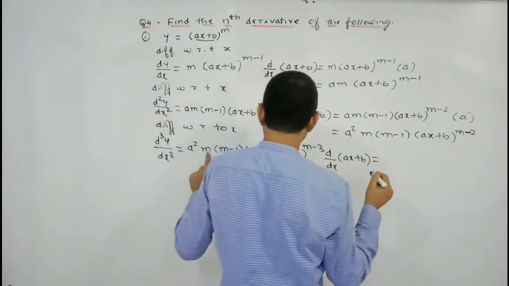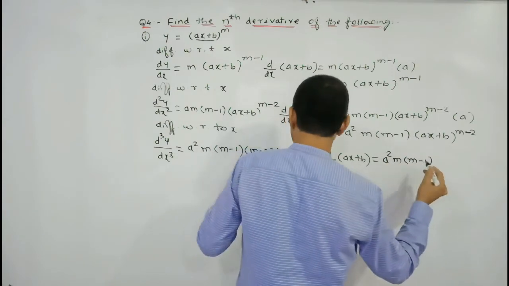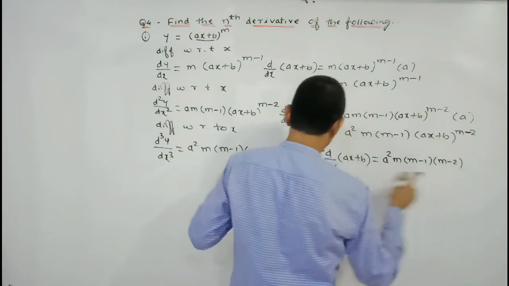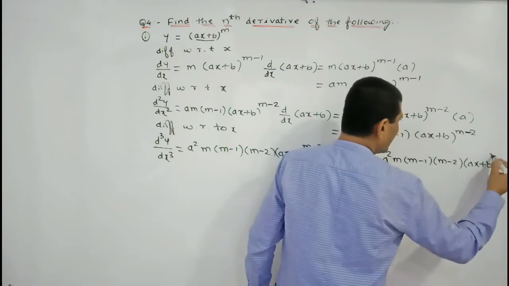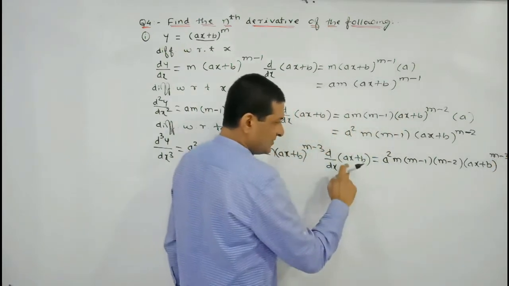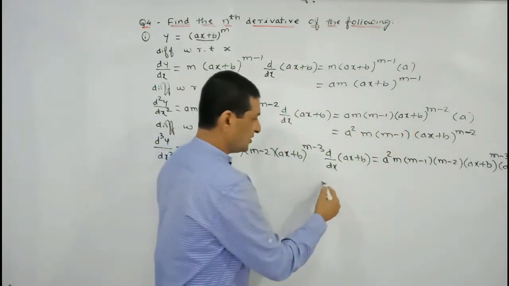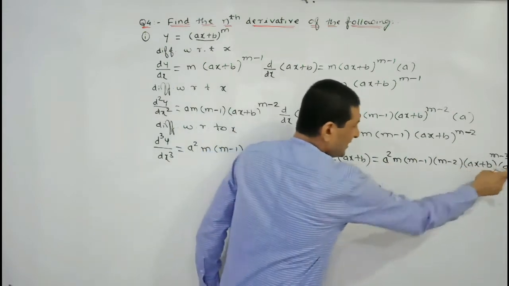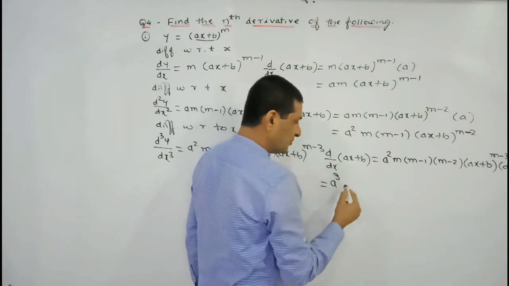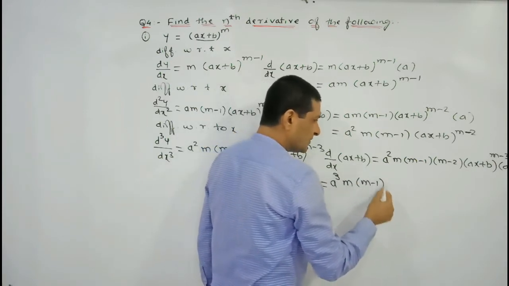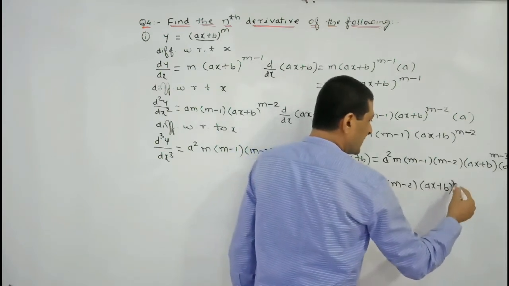So here we have a square into m minus 1 into m minus 2 into (ax plus b) raised to power m minus 3.